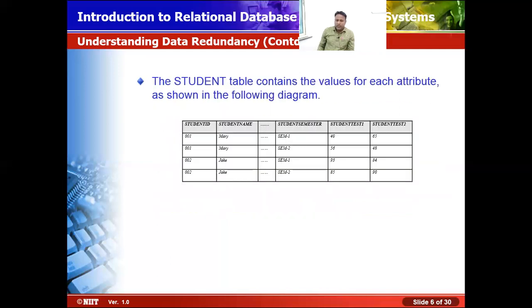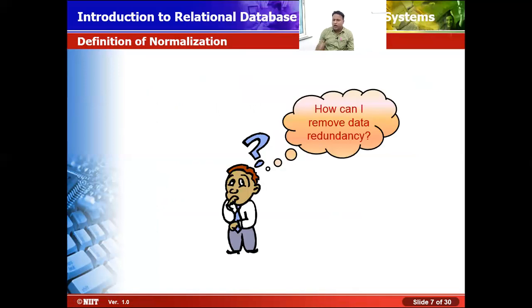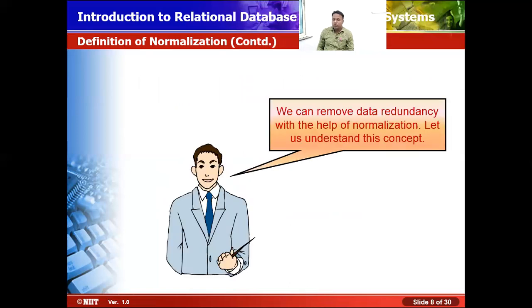So in the student table, if you find the student ID like 1, 2, the student ID is repeated, name is repeated, semester is repeated, so it is having a confusion. So how can I remove the data redundancy? We can remove the data redundancy with the help of normalization.